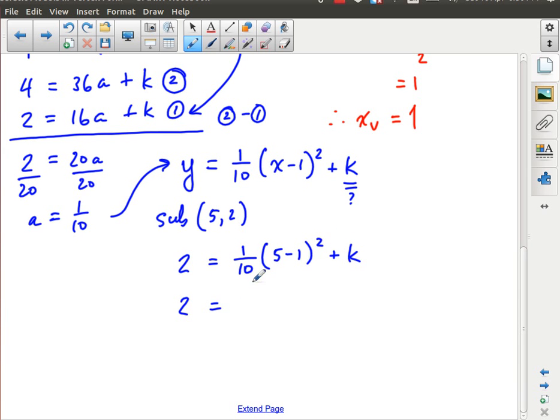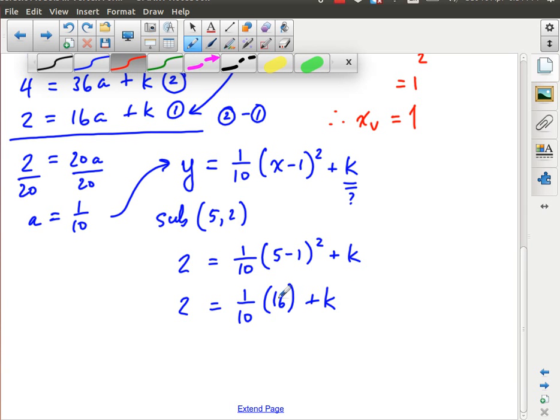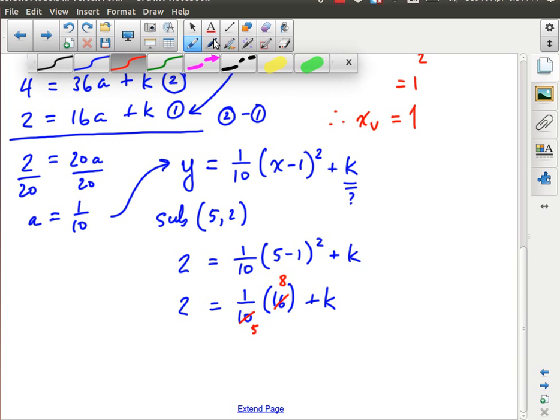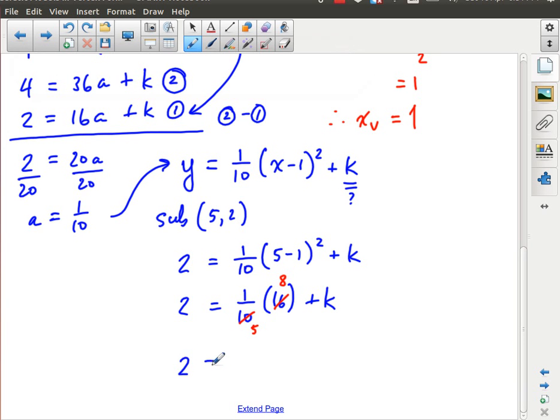2 equals 1 over 10 times, 5 minus 1 is 4. 4 squared is 16, plus k. I notice that 10 and 16 are both even, so 2 goes into 10 5 times, goes into 16 8 times. This isn't very nice, but it's what we have to work with. So I get 2 equals 8 over 5 plus k.